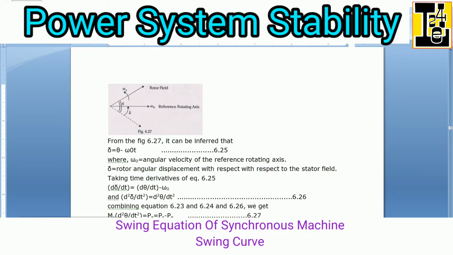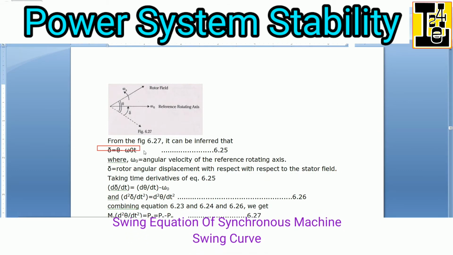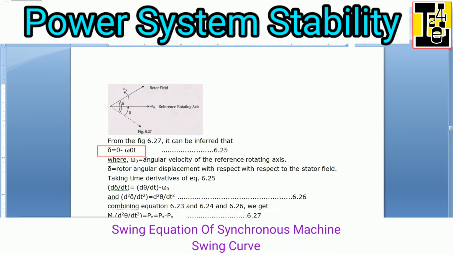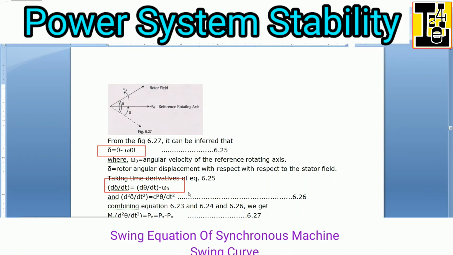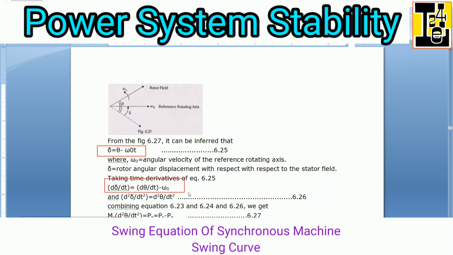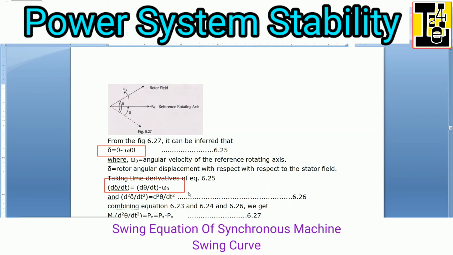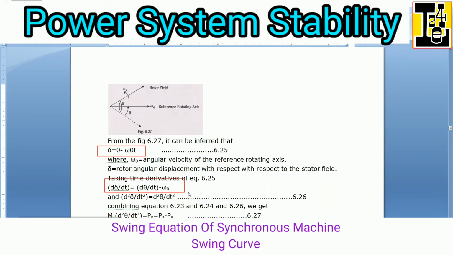Taking the time derivatives of this equation, we get d delta by dt equals d theta by dt minus omega naught, and d square delta by dt square equals d square theta by dt square.